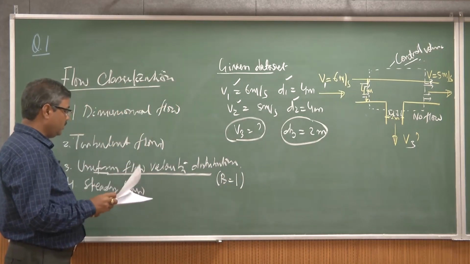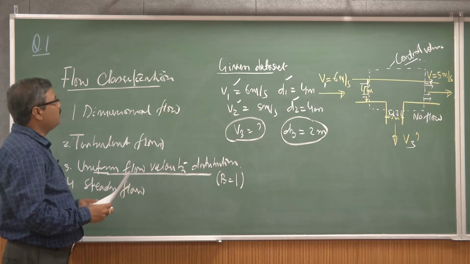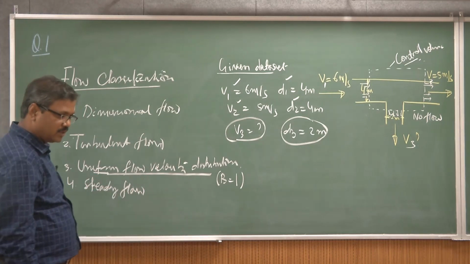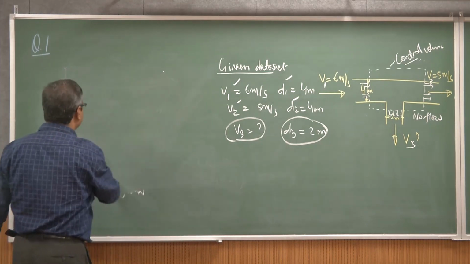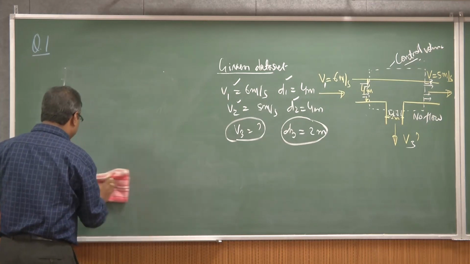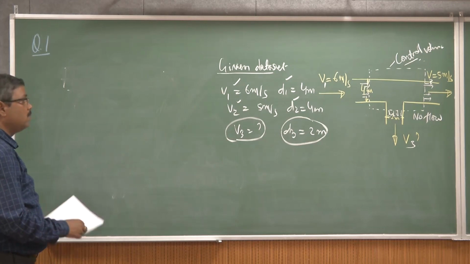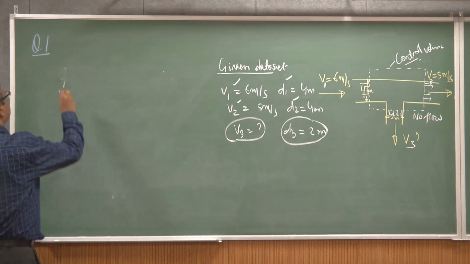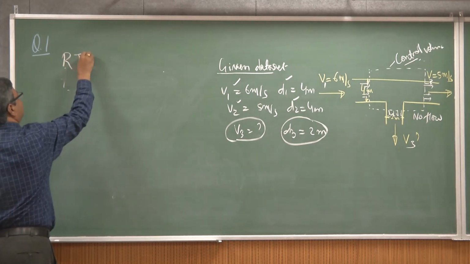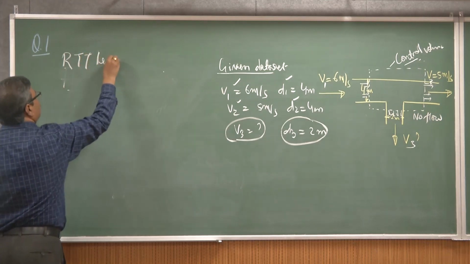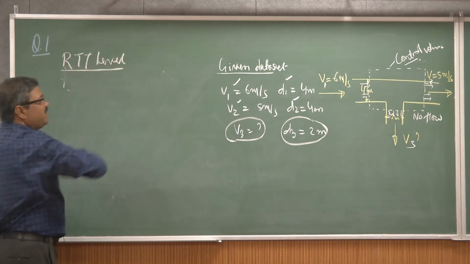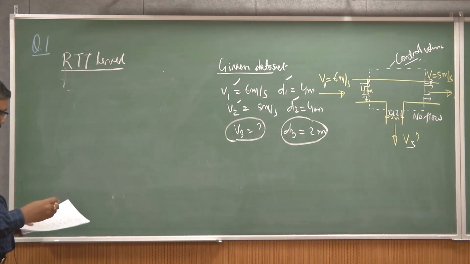Then we go for applying simple mass conservation equations. When you apply the mass conservation equations, you can start writing the mass conservation equation from basic RTT levels. Then you simplify the terms one by one.